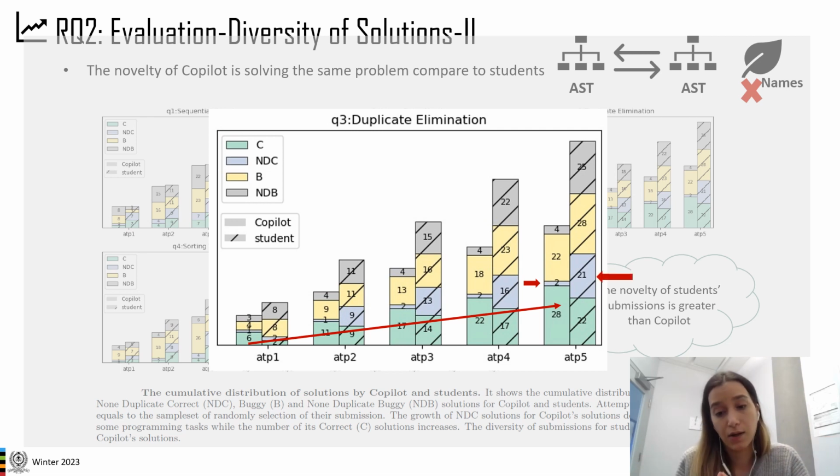However, this is not the same story for students. For example, in our fifth attempt, out of 22 correct solutions suggested by students, 21 of them were unique, so the diversity is greater than Copilot's. This is kind of expected, because different people are solving the same problem, while on the other side we are asking the same tool the same problem again and again.